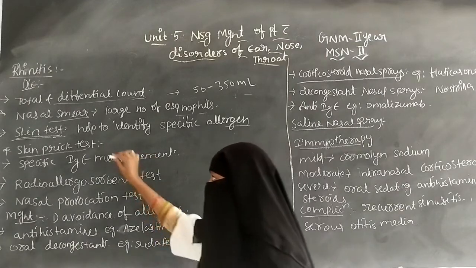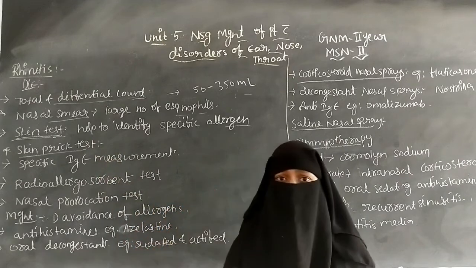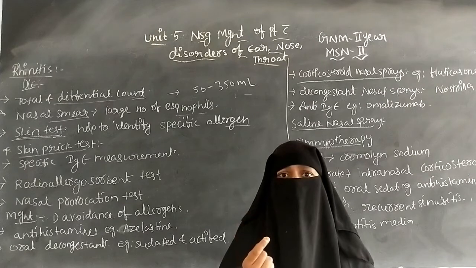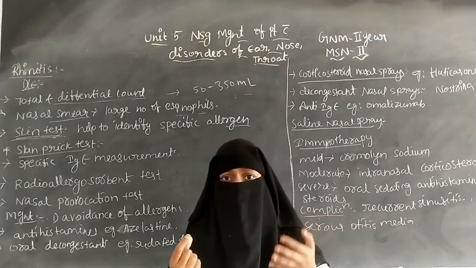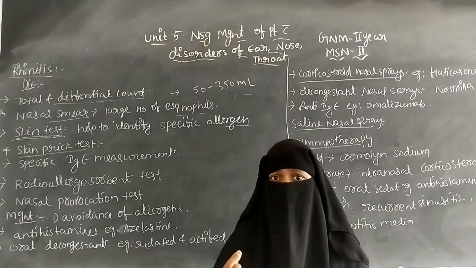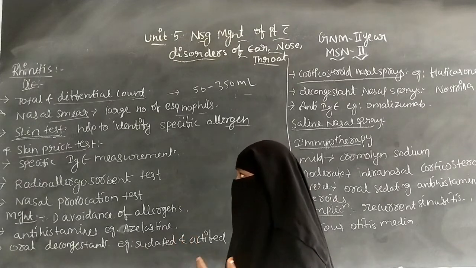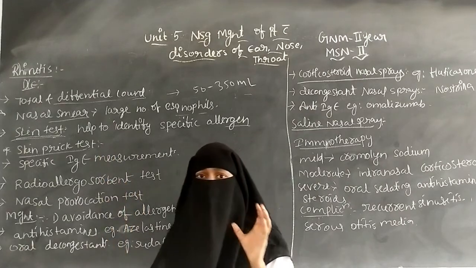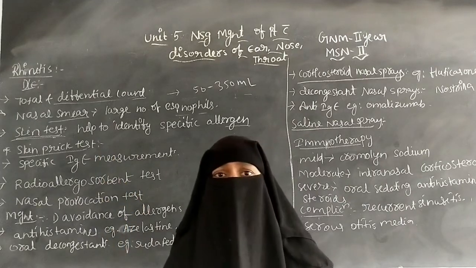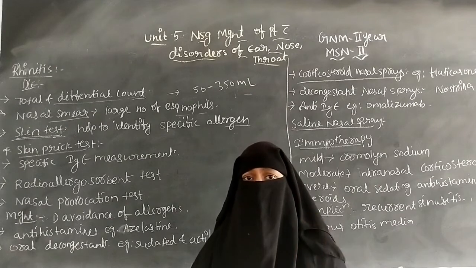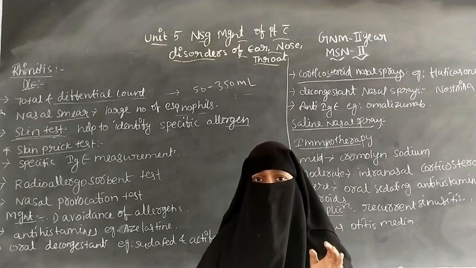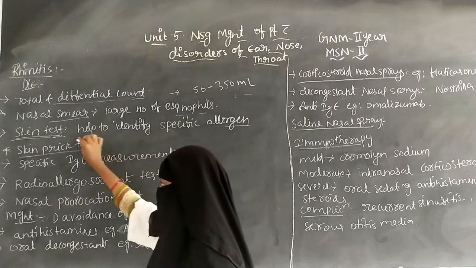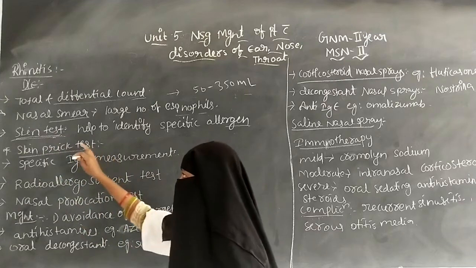In the skin prick test, we take a needle and apply the allergen, like pollen, dust and animal dander, anything, to the needle and prick over the forearm. We observe for 10 to 15 minutes, and if any redness is present over the skin, it is positive for that allergen. So that is the skin prick test.